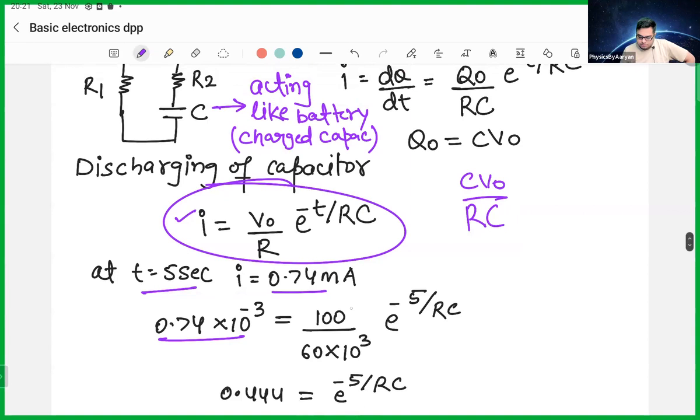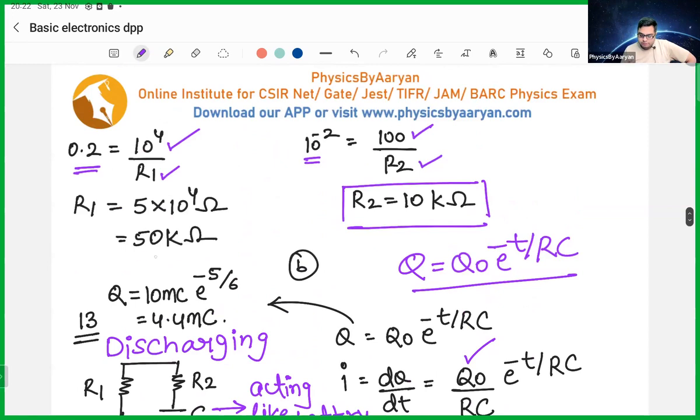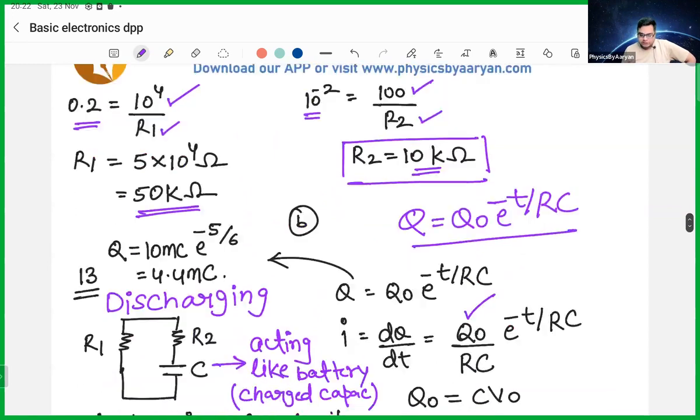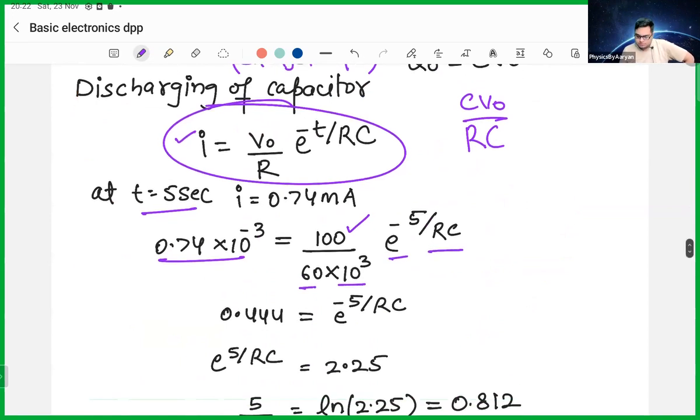How much was my V naught? It was 100. What is my total resistance in the circuit? Total resistance in the circuit is R1 plus R2, which is clearly 50 kilo ohm plus 10 kilo ohm, which is 60 kilo ohm. And then simply e to the power minus 5 by RC. That's all. Now let's simplify even more.